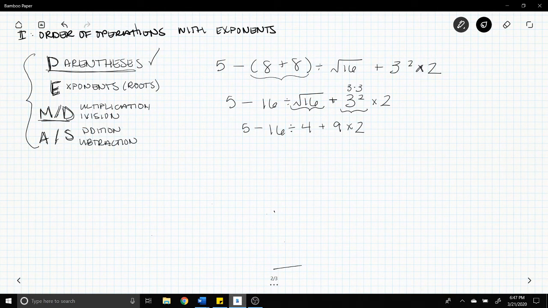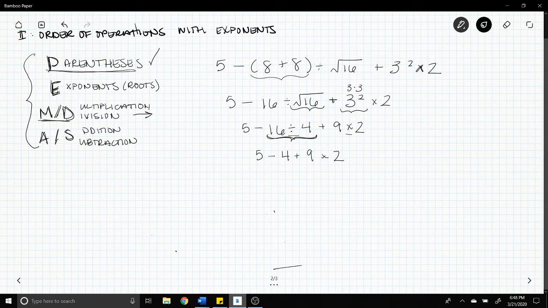Next, multiplication and division as you see them from left to right. So there's division here, multiplication here, but we're going to do this part of the problem first because we encounter it first from left to right. So 5 minus 16 divided by 4. And I'm just going to write out each step. I don't want anyone to get confused. Next, we'll do our multiplication.